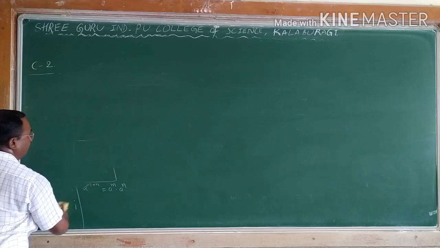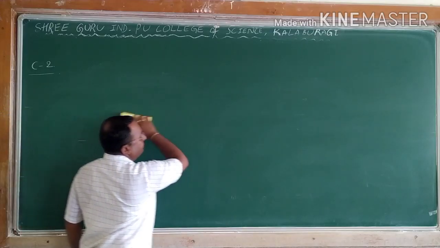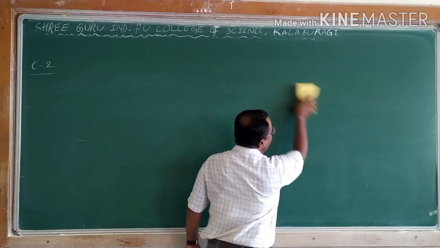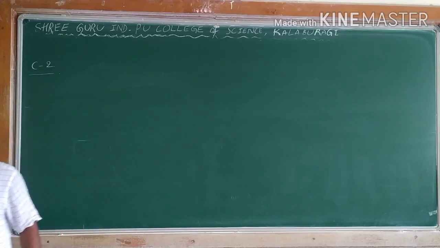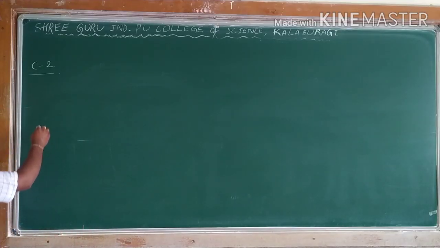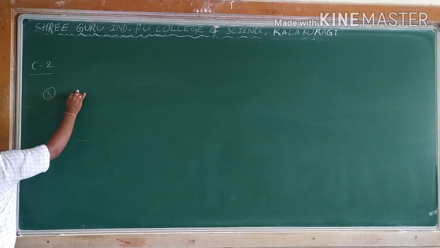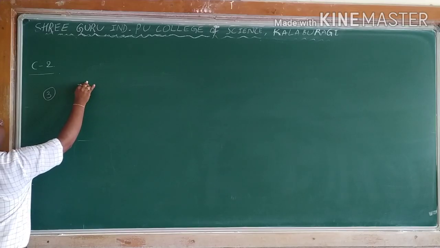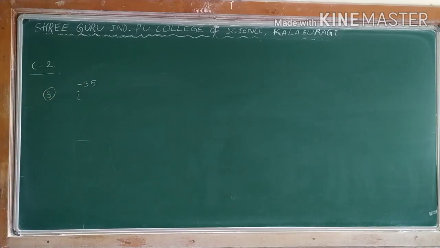Next values, negative integers. Suppose i power, example number 3, i power minus 35. Find this, or evaluate.